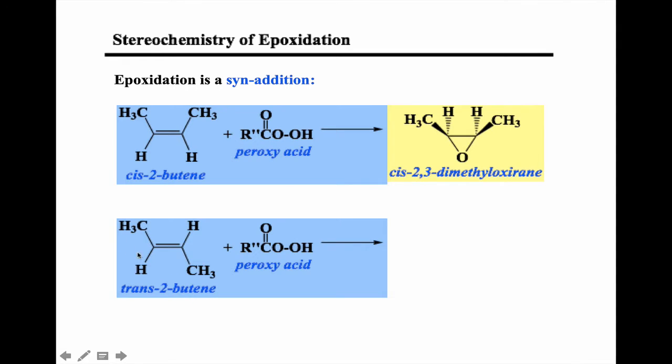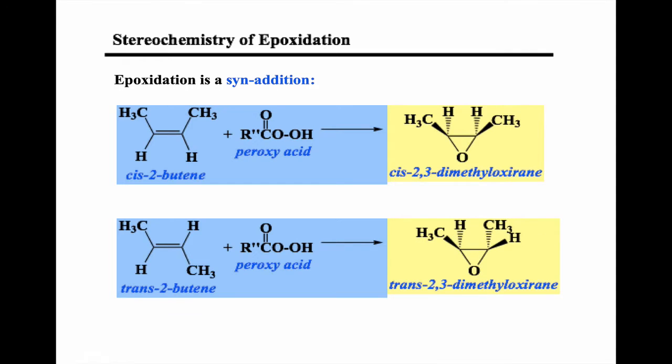Also notice if we take the trans stereochemistry of the alkene, the methyl groups will be in the trans configuration. And it's 100%. So if you have 100% trans 2-butene, you're going to get 100% trans dimethyl oxirane. If you have 100% cis 2-butene, it's going to be 100% the cis dimethyl oxirane.